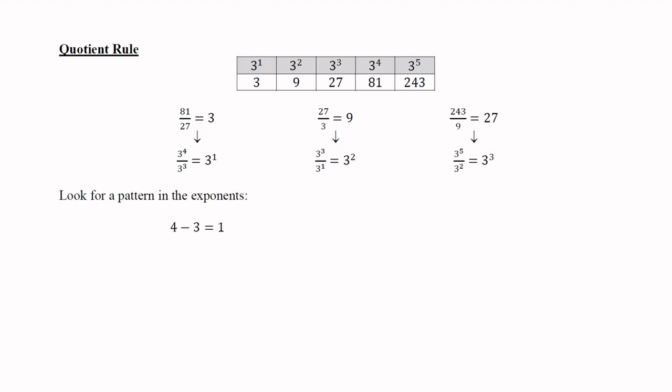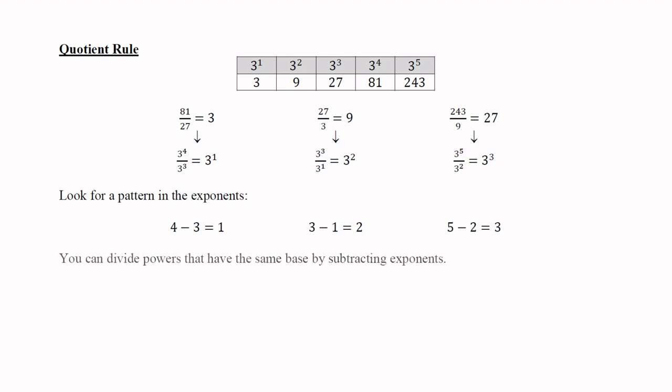Well, we could do subtraction. 4 minus 3 equals 1. Let's see if it works for the second one. 3 minus 1 does equal 2. 5 minus 2 equals 3. So you can divide powers that have the same base by subtracting the exponents.